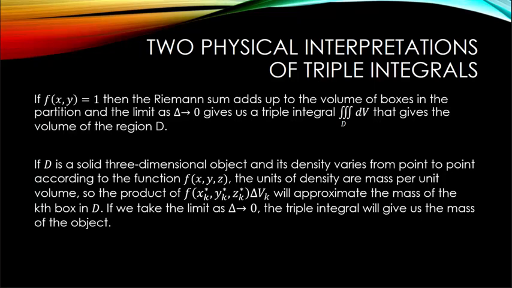So depending on how the problem presents itself, I may be looking for volume, and that's when f of x, y, z is equal to 1, or I may be looking for the mass of the object, which is when I'm going to have a function f of x, y, z that represents the density.